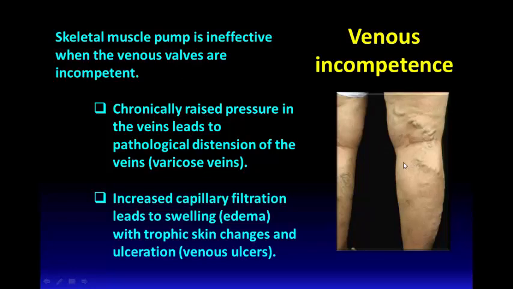Thus, when the venous valves are incompetent and there is chronically raised pressure in the veins, the chronically raised pressure in the veins leads to pathological distension of the veins, and this is clinically known as varicose veins.